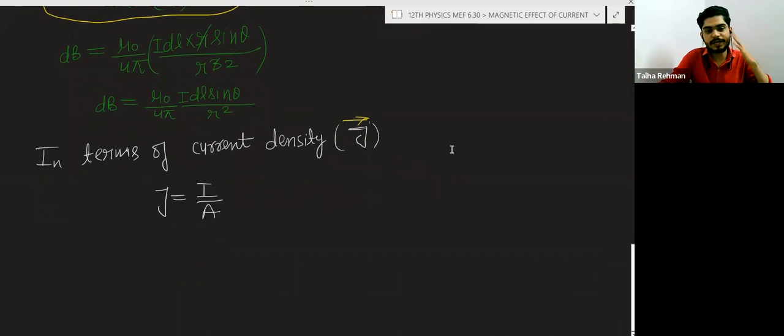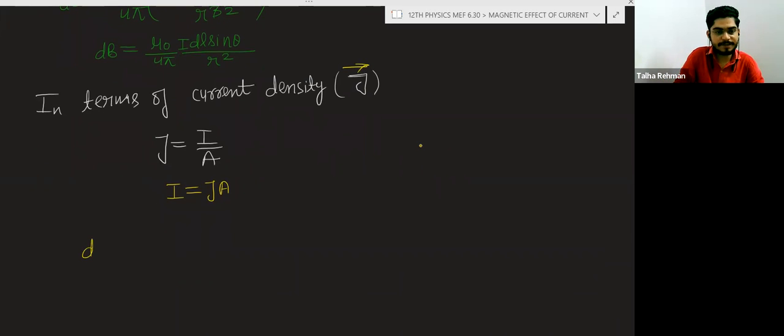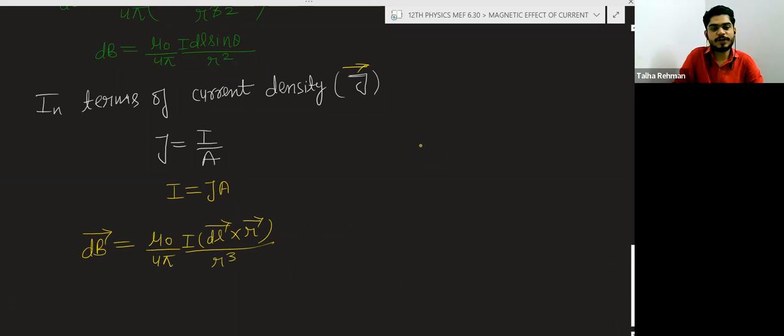So when you calculate the current, you get J into A. Now you have the vector form: dB is equal to mu naught divided by 4 pi, I dl cross r divided by r cube.